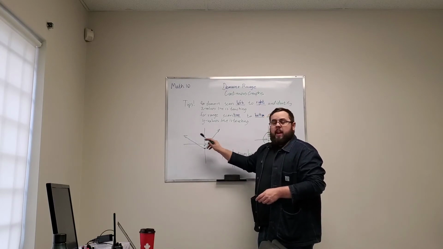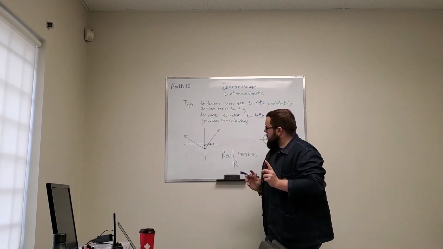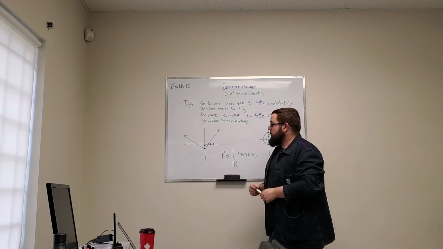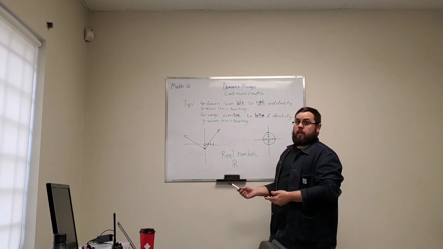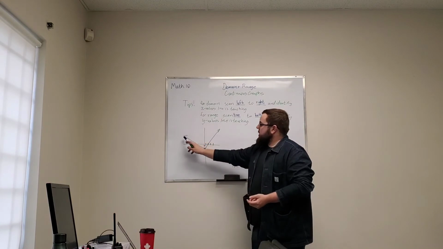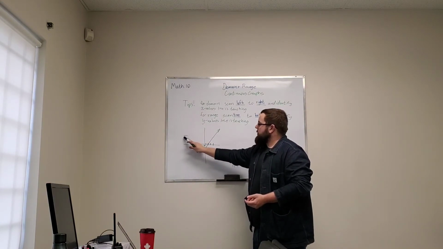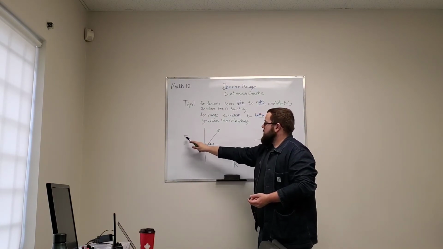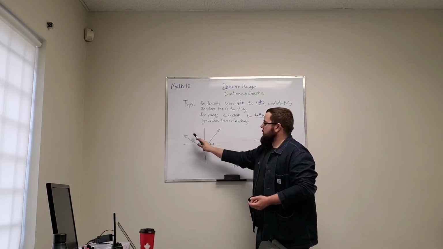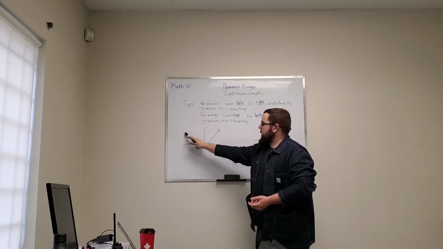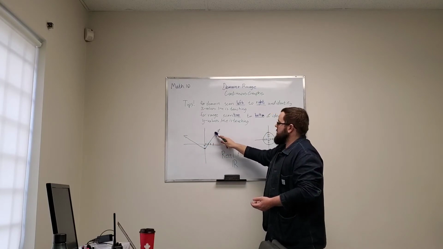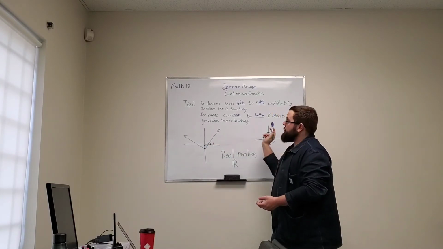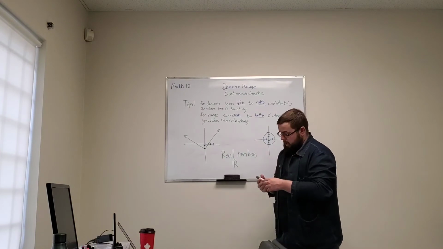And we're going to start over here. And note that we've got arrows on these, right? Which means that they are going to go on forever. But obviously we can't draw that because that would be infinitely long. And I don't have a big enough whiteboard for that. But we're going to say we start here. And I'm going to follow along this way from left to right. And I see that my pencil or pen will touch here, and it will touch here, and it would go on forever in both directions, right?